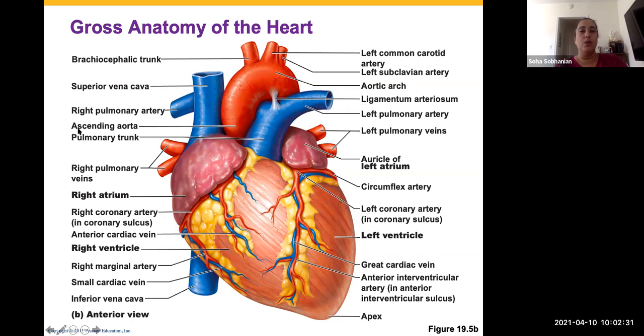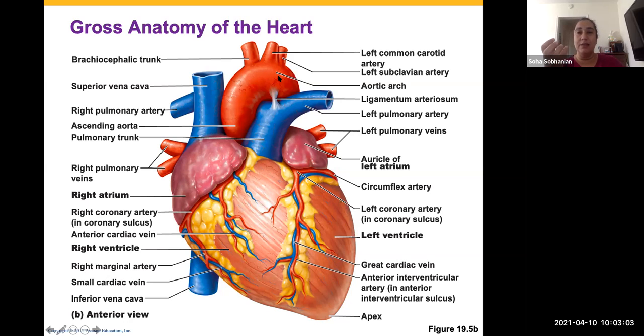So we refer to this portion as the ascending aorta. The full name of this portion of the aorta is the ascending aorta because it's moving up, it's ascending. The curvature, which pushes the blood back down, is referred to as the aortic arch.